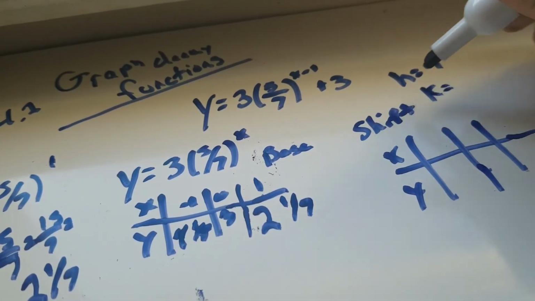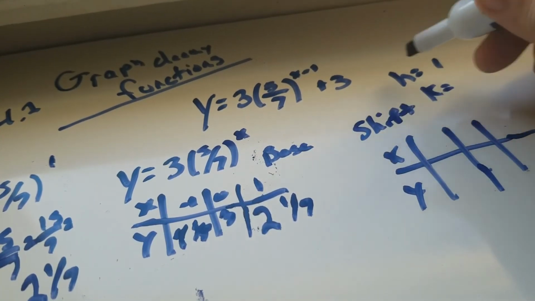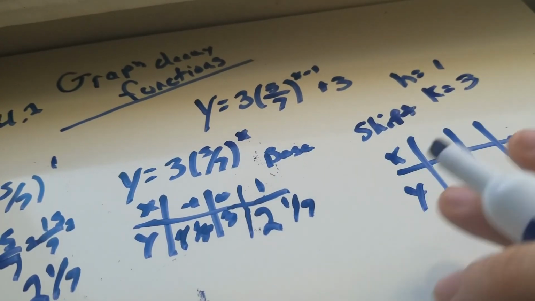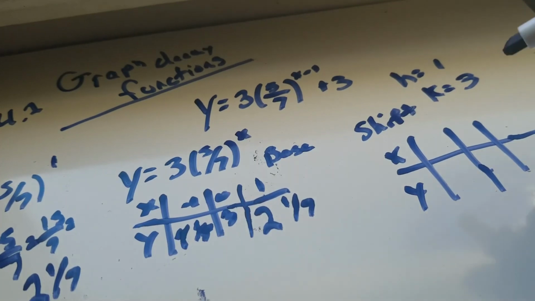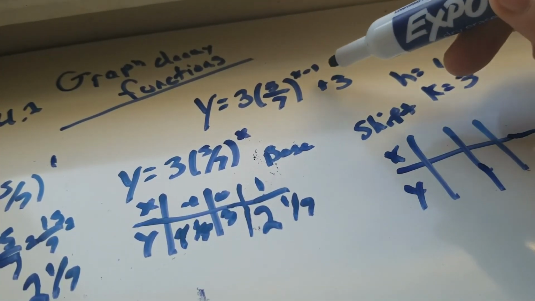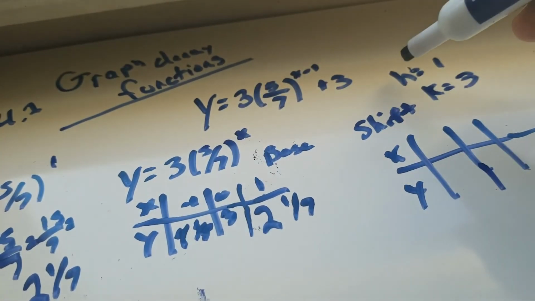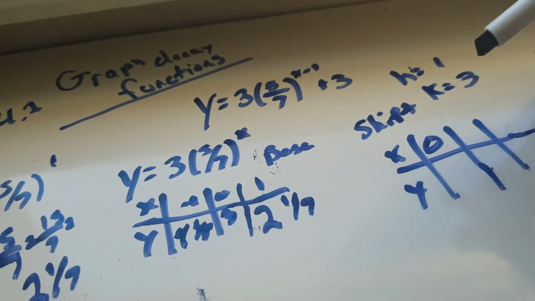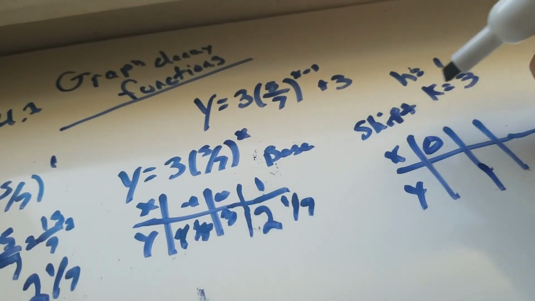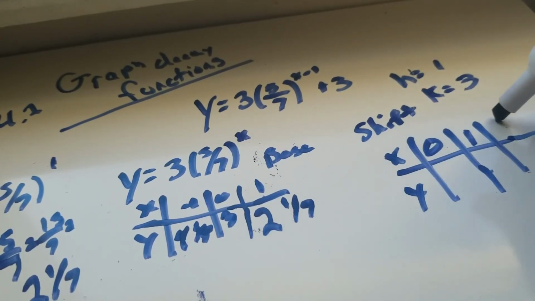Well, K, instead of being +3, is going to be, oh, it stays +3, because K stayed the same. Somebody was probably going to correct me as soon as I made a mistake, but I didn't. All right, so H is +1, so we add that to the X value. So -1 plus 1, that's 0. 0 plus 1, that's 1. And 1 plus 1, that's 2.